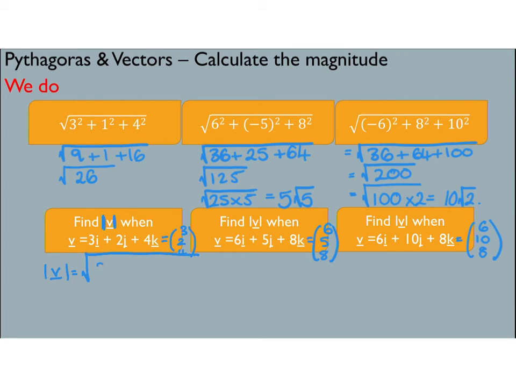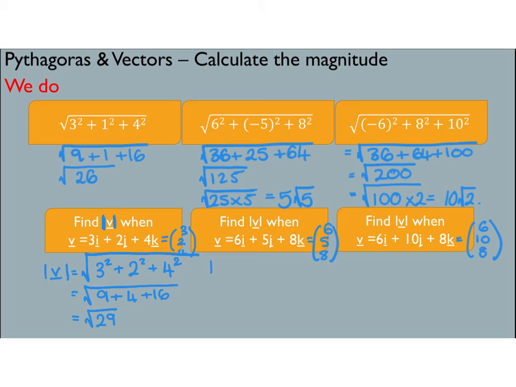We've got 3, 2 and 4 there. So for that one you get square root of 29 for your distance. 29 is a prime number, so we won't need to simplify that one.